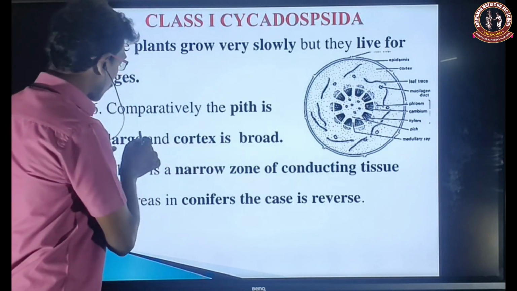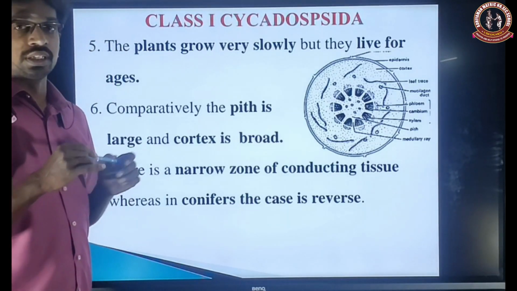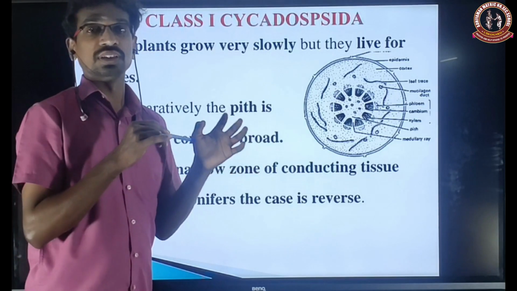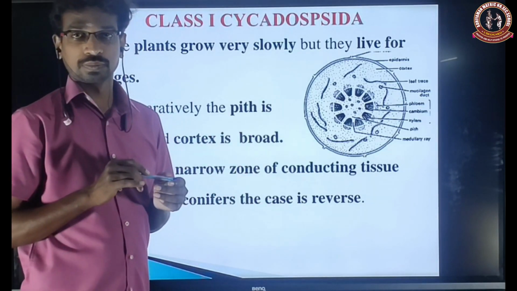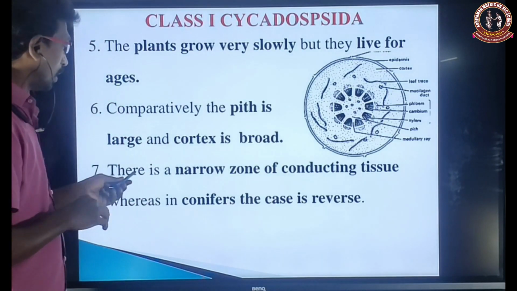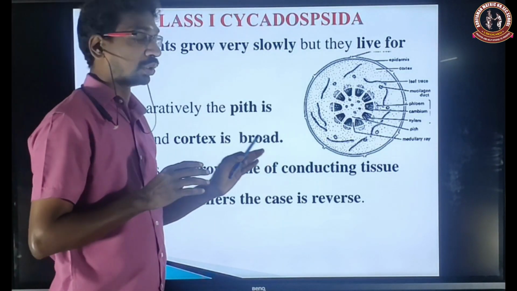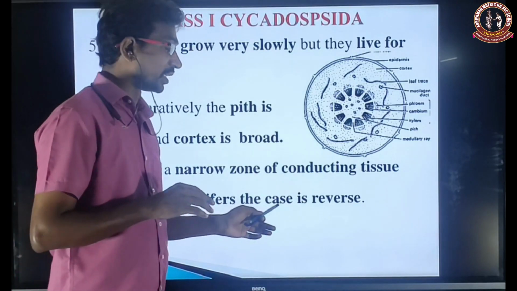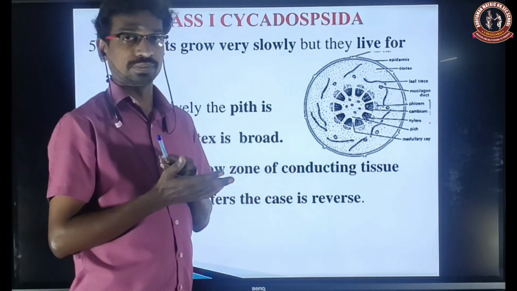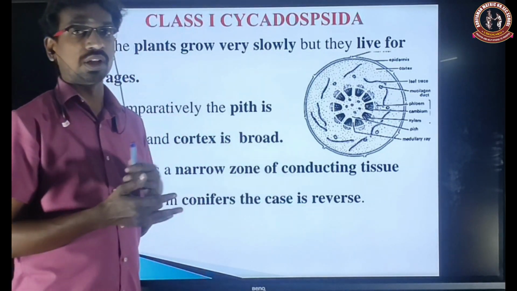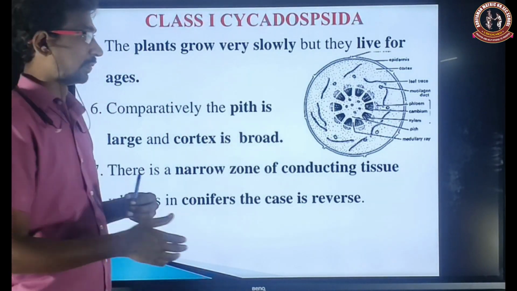Due to the presence of the long pith, this group of plant has monoxylic wood, with a narrow zone of conductive tissues, whereas in conifers it is reverse.